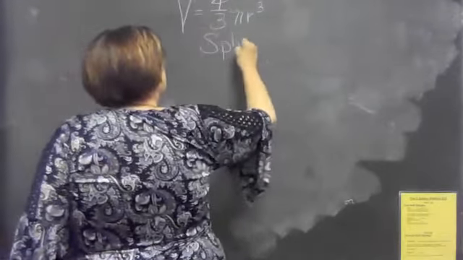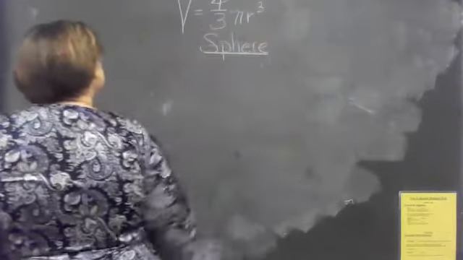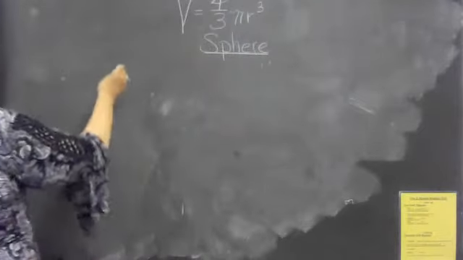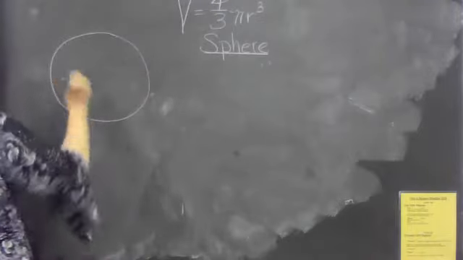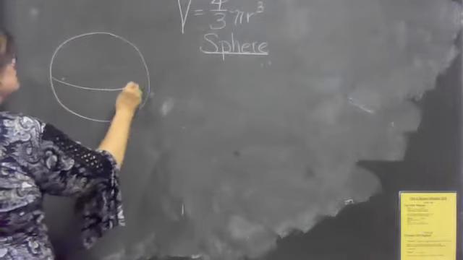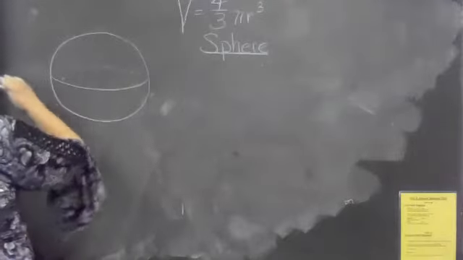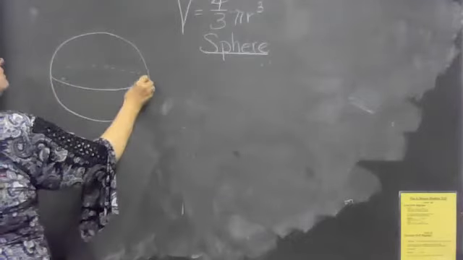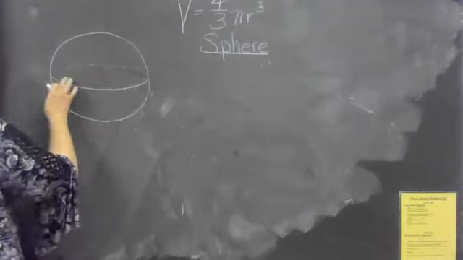Now, a sphere, I think of that shape as maybe a basketball, any kind of ball shape, the globe. And so let's do this. If I sliced it in here, then the slice would be this circle in here.